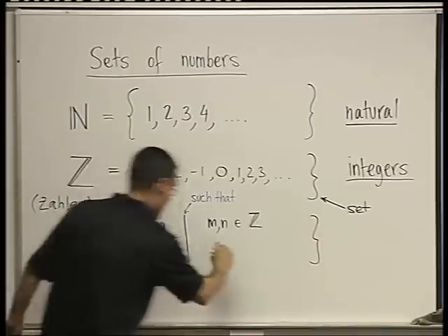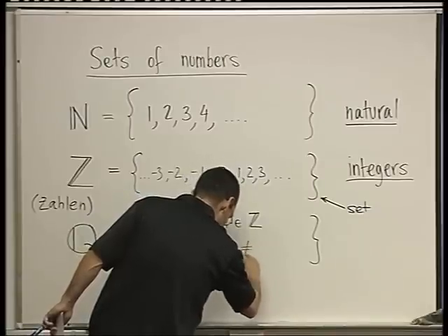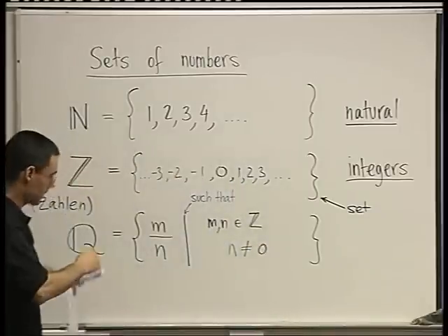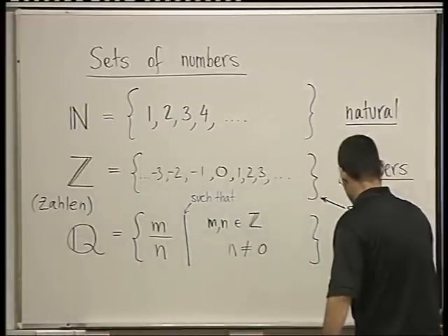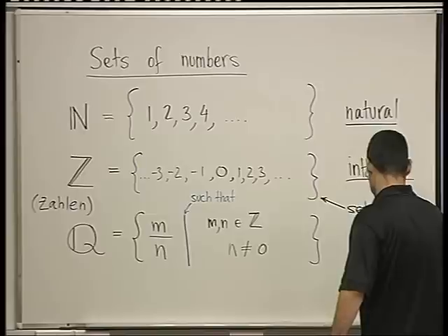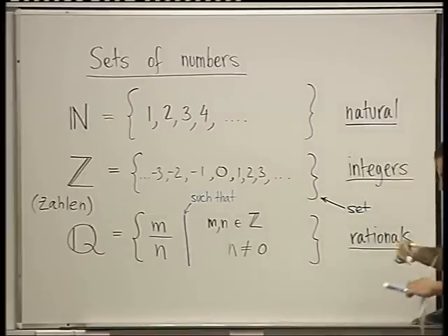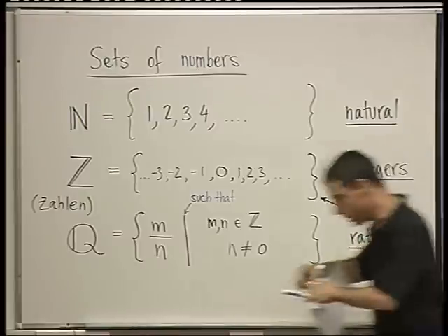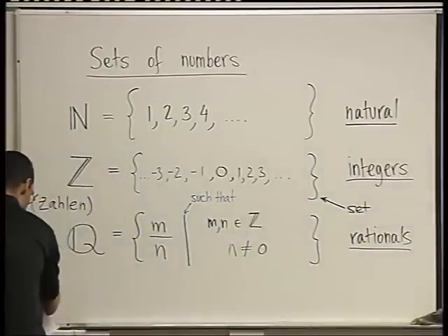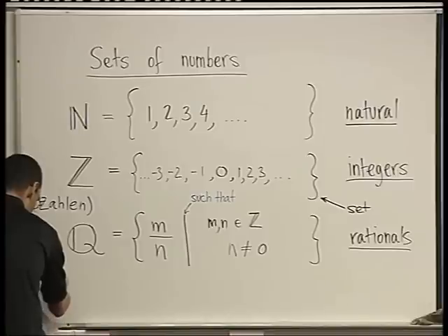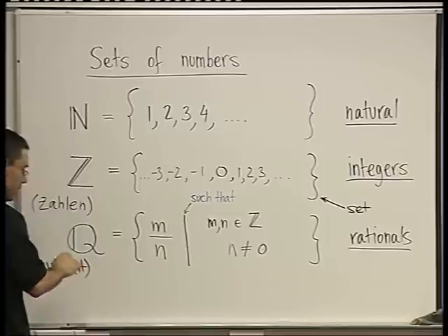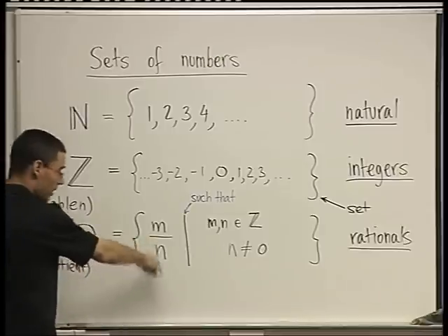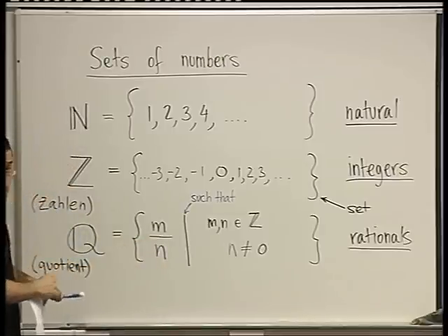Very good. n cannot be 0. So these are called the rational numbers. That's the name of this set. And the Q here comes from the word quotient, because the rational numbers are in fact quotients of integers.